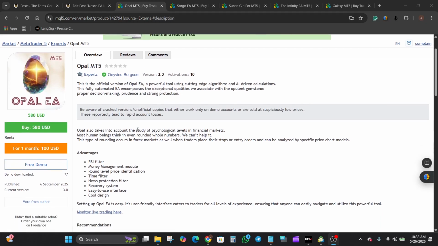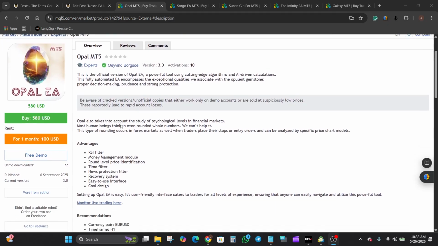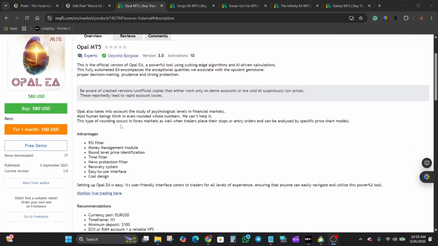Now, scrolling through the description, Opal EA is described as a fully automated trading system that uses advanced algorithms and AI driven calculations to make trading decisions. It also emphasizes market psychology, especially round number levels, where price tends to react around whole numbers that many traders naturally focus on.